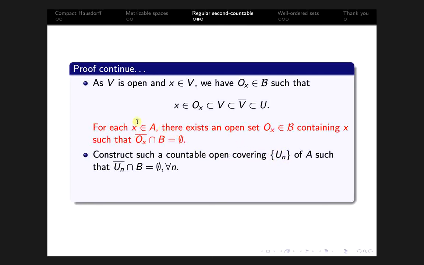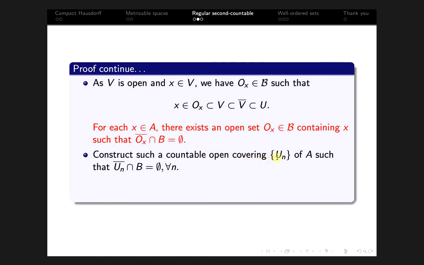So basically from this summary, what we do is construct such a countable open covering. For every X we take one basic open set in B such that the closure of that basic open set has empty intersection with this closed set B, and the point is in that basic open set.